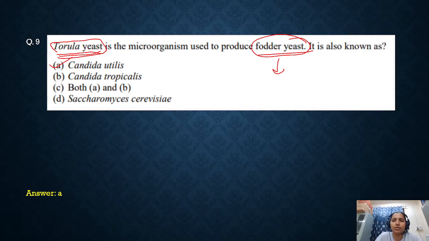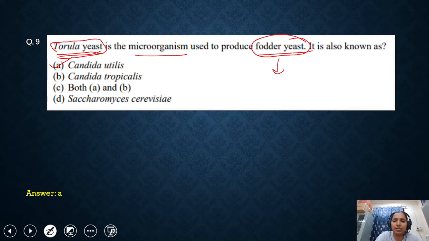All the questions you have seen are asking either about the microorganism, the media, any other specific mineral or component that is required for its production, or the specific percentage of the precursors that are used in the fermentation process.